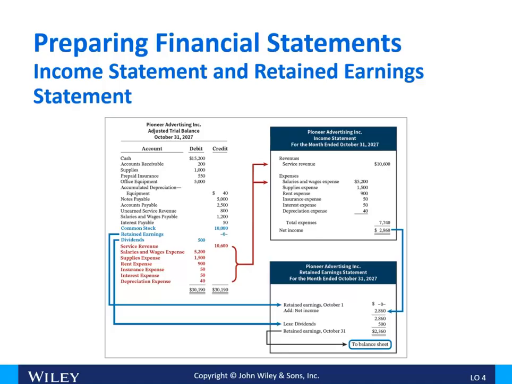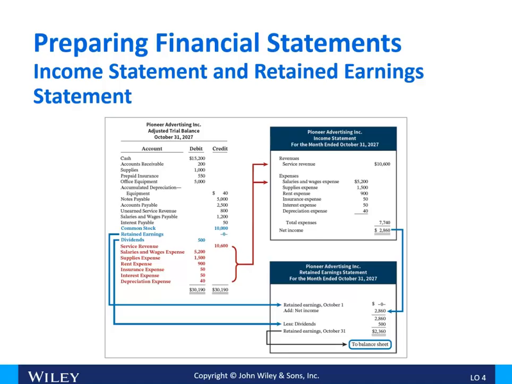The ones that are in red there, the service revenue and all the expenses, go into the income statement. So we take the service revenue and put it in the revenue section of the income statement. The expenses we list in the expense section of the income statement. Subtract our expenses from our revenues, so revenues minus expenses equals our net income. Net income is then used in the retained earnings statement.